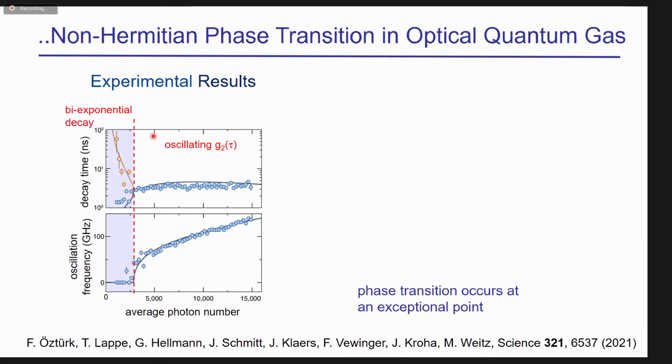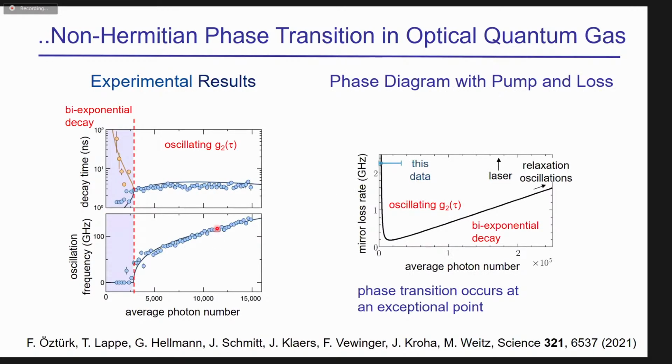And you see, so here's the exceptional point, the vertical dashed line, and above that, the oscillation frequency becomes non-vanishing, and below that, we get a splitting into two time scales. And this phase transition, of course, as I was mentioning, is at an exceptional point.